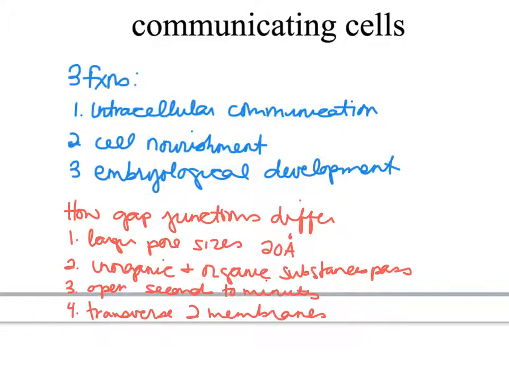And because of that, it's going to connect the cytoplasm of one cell to the cytoplasm of another cell. And because two cells are involved, gap junctions are synthesized by two different cells, whereas the other channels are only made by one cell.